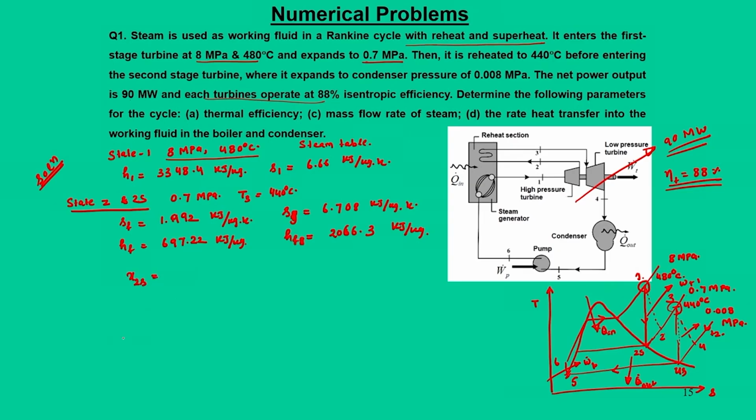X2s can be found because S1 is equal to S2s. So, from these we can calculate X2s as S2s minus Sf divided by Sg minus Sf. All these numbers are there. We find X2s as 0.9895.